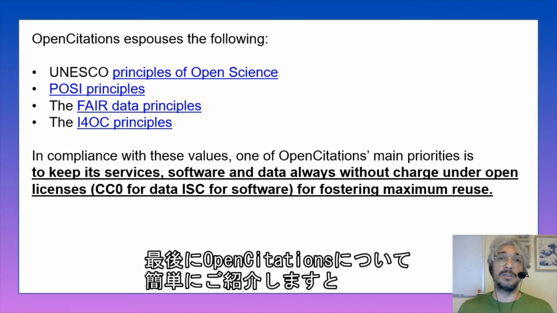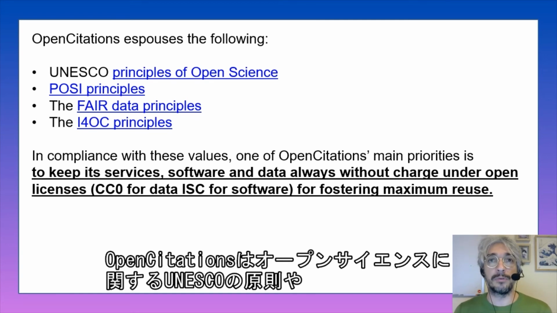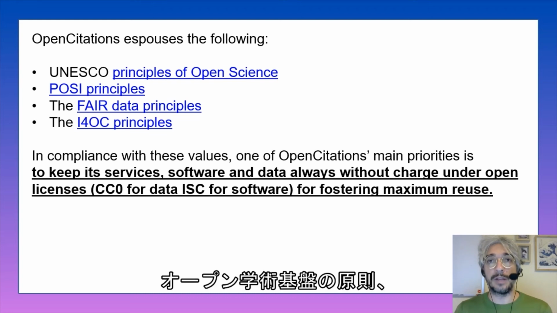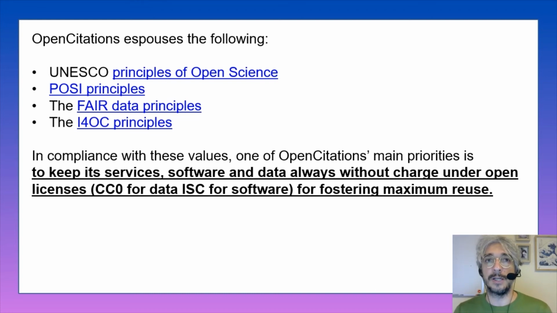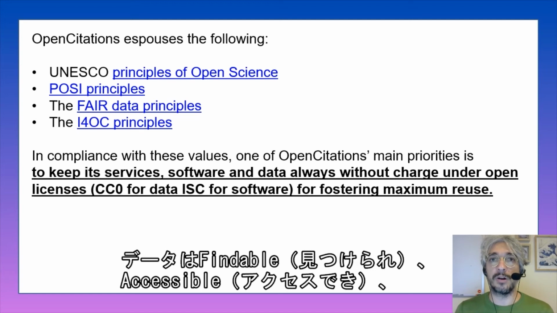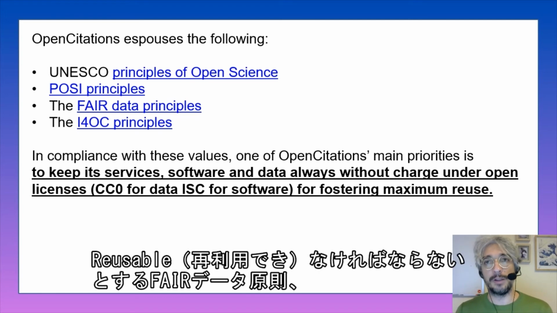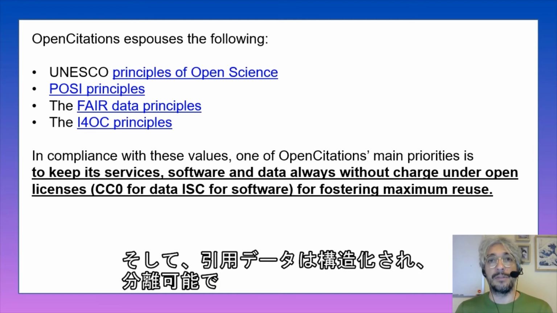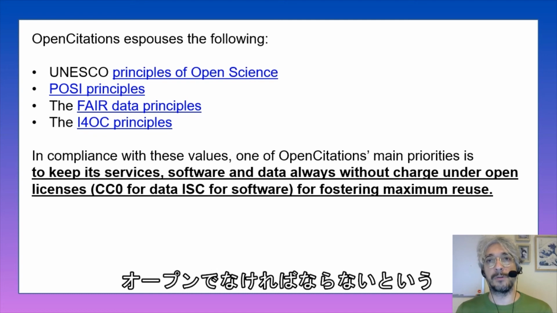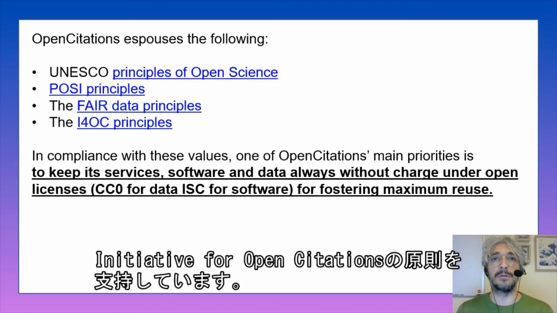As a final note for this quick introduction of OpenCitations, it is worth remembering that OpenCitations espouses the UNESCO principles of open science, the principles of open scholarly infrastructures, the FAIR data principles that data should be findable, accessible, interoperable, and reusable, and the Initiative for Open Citations principles that citation data should be structured, separable, and open.